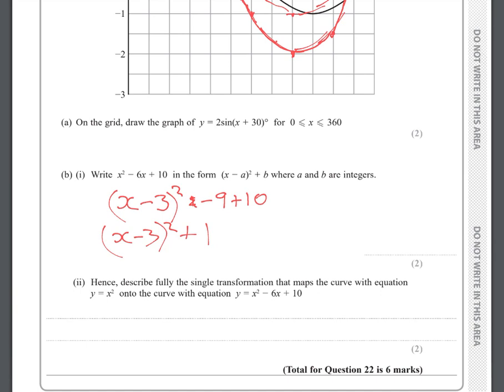Hence describe the single transformation which maps the curve x squared onto the curve this. So the transformation is a translation, and this means you go 3 to the right and you go 1 up.